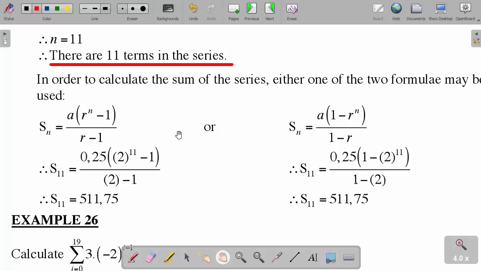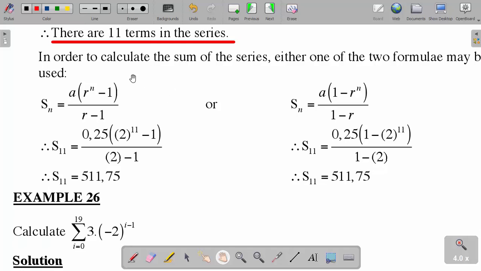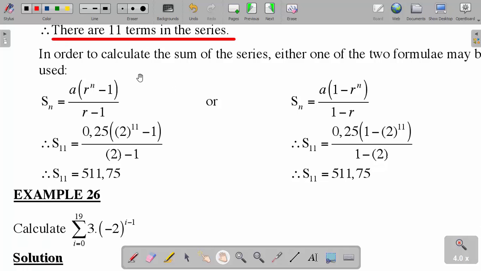Now, in order to calculate the sum of the series, either one of the two formulae may be used. So we can use either this one or the other. It makes no difference as long as you have the correct substitutions. Okay. Now, after getting the number of terms, which is 11, the formula says Sn equals a, open brackets, r power n minus 1, divided by r minus 1.